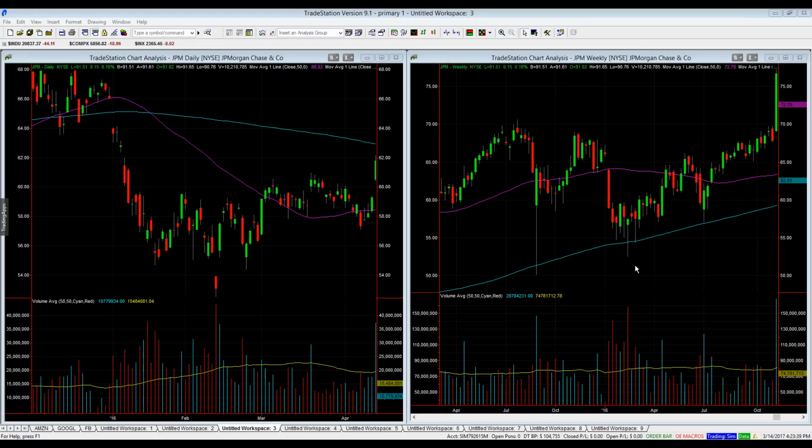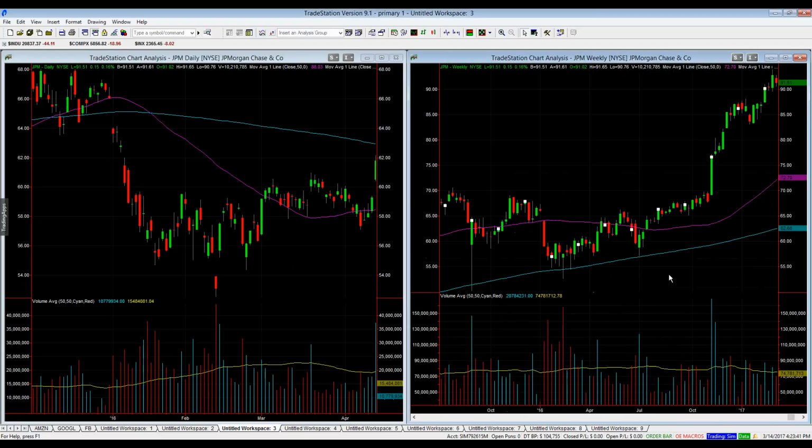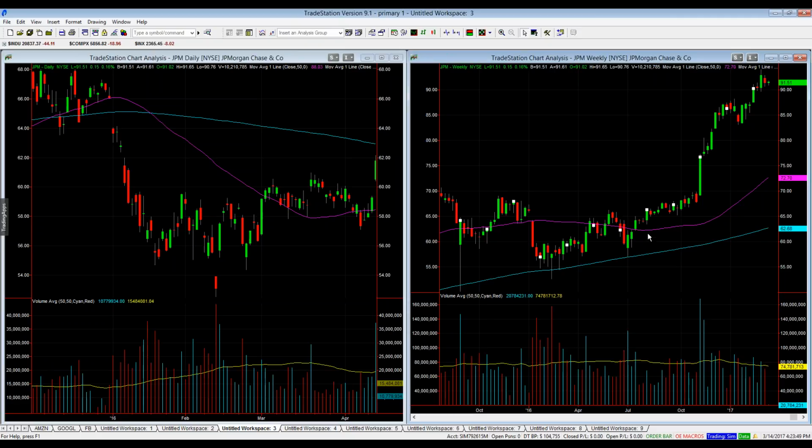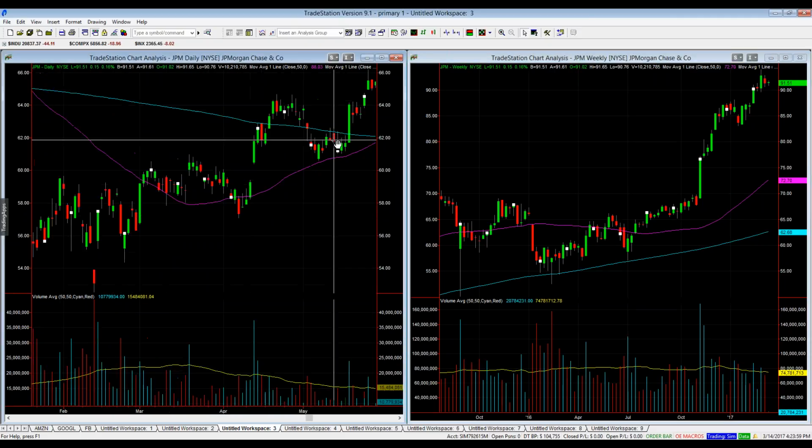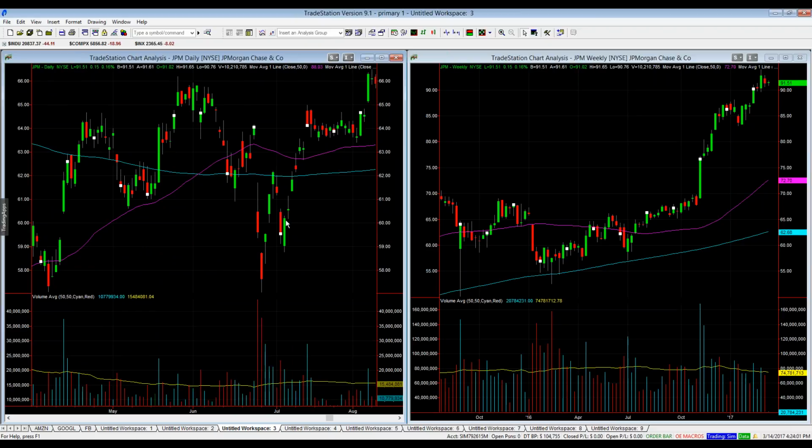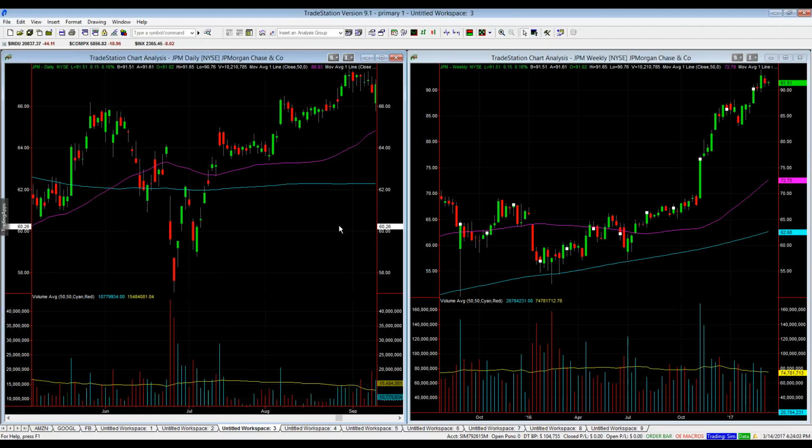Now if we move along on JPM, we see this nice test in July 2016 on the weekly, and then a breakout in the fall, September, October. Nice clean breakout back above that 50-week moving average. And if we go back to our daily chart, we'll see some more time frame collision here, where here's the regain in July of the 50 and 200-day moving averages.